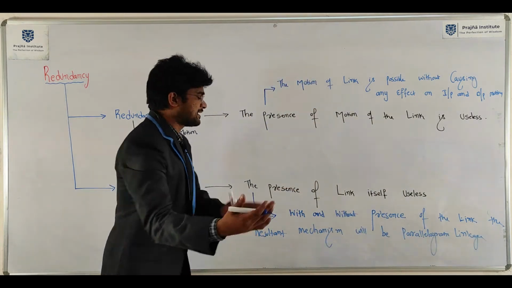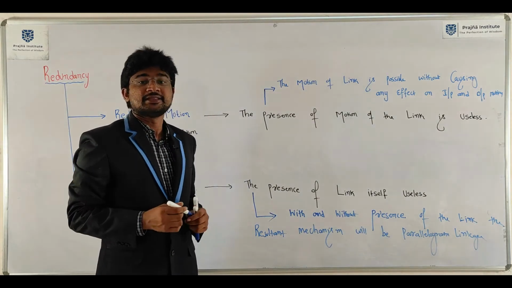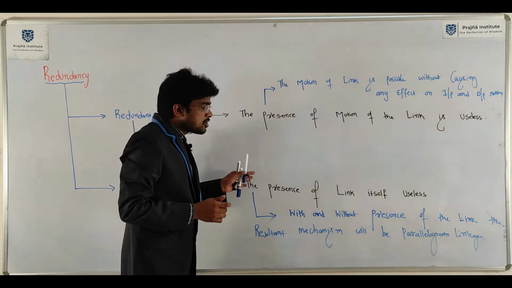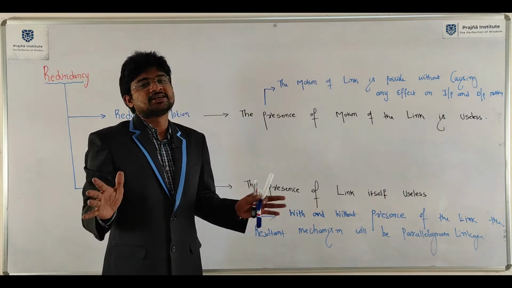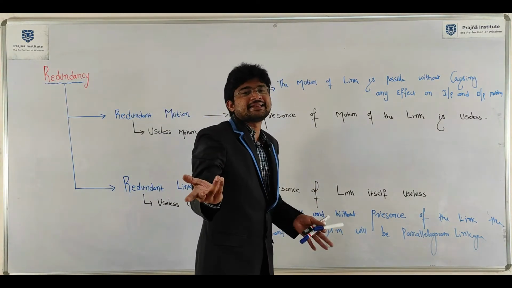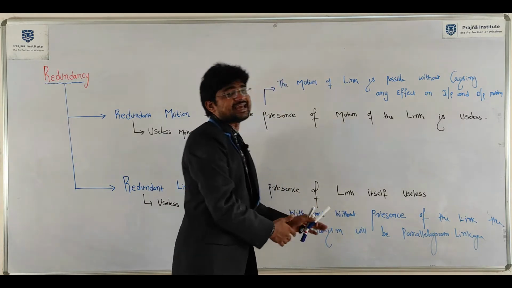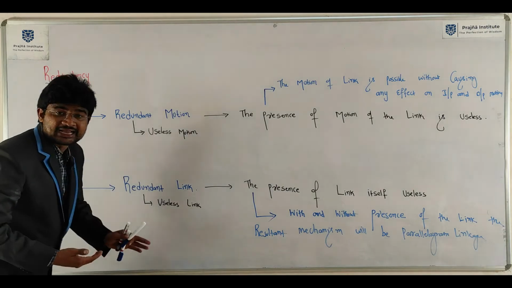Even if you remove that particular link, the resultant mechanism is not changing. That means the presence of that link is useless. Even if you remove it, the resultant mechanism is not changing. In that case, you can call that link a redundant link.